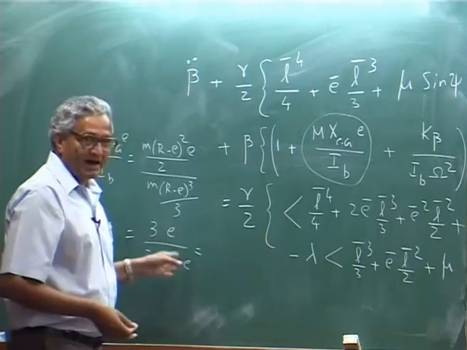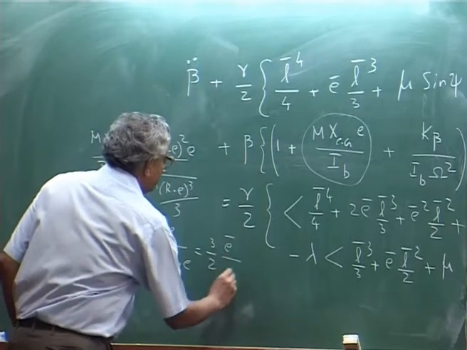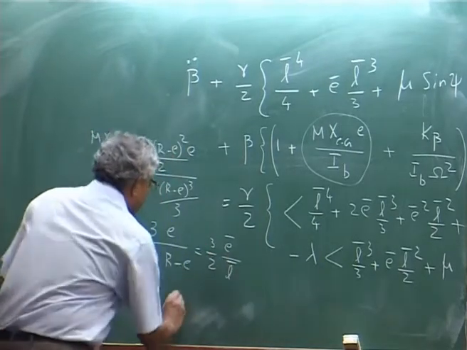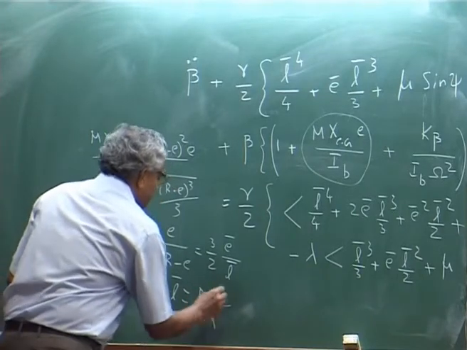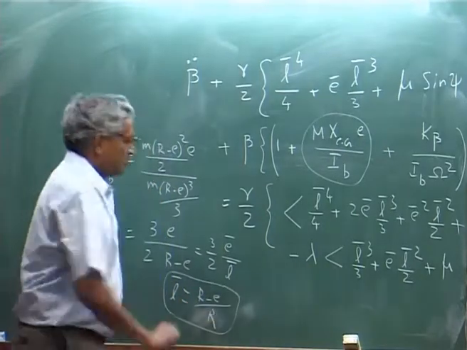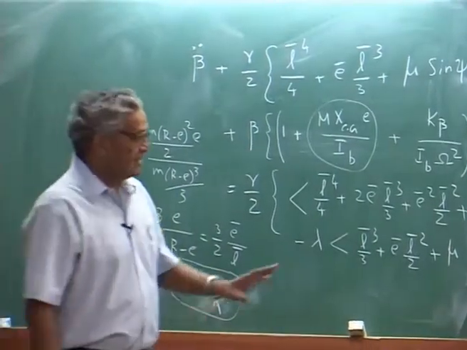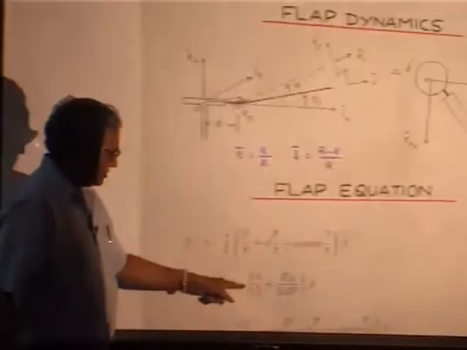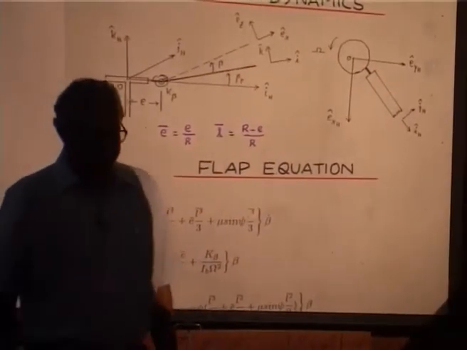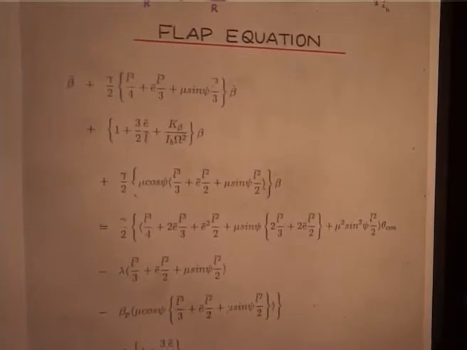If you divide by r everywhere, this will be 3 over 2 E bar over L bar, where L bar is r minus e over r. Okay. If m is constant, and that is what I have written here, 3 over 2 E bar by L bar. In this place, I have assumed that the blade is uniform.